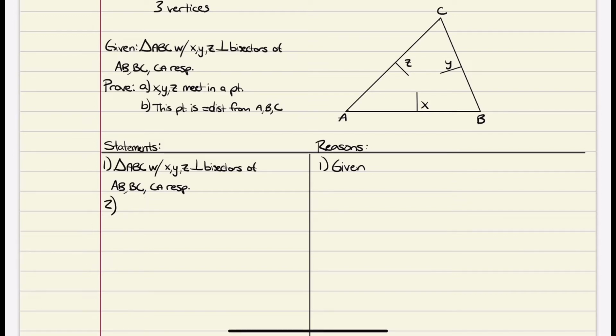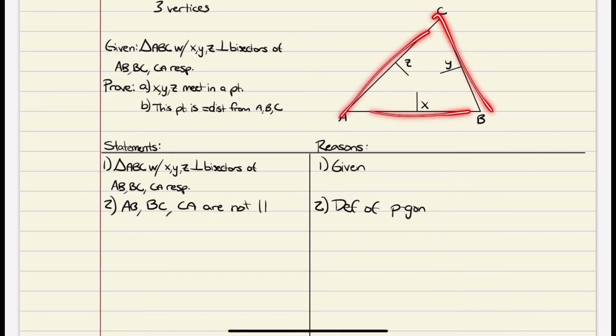We're going to say AB, BC, and CA are not parallel. Duh. Number 2 reason, that's the definition of a polygon. The definition of polygon says that the sides intersect, that they meet. So it's a closed figure, which means lines intersect.